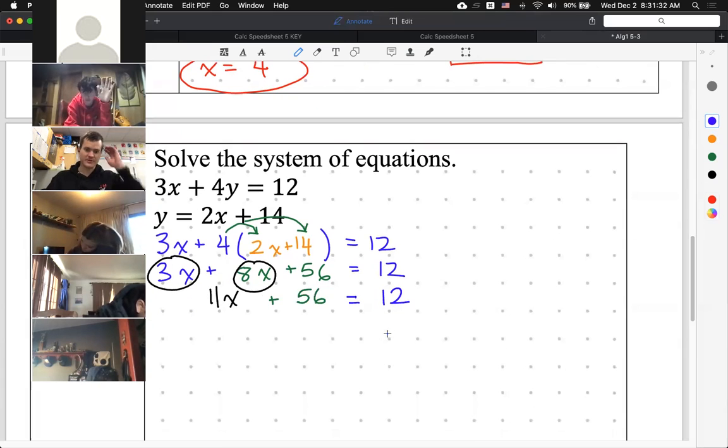All right, and we have officially simplified both sides, and now it is time to solve. How am I going to solve? What do I do here? Giorgio?